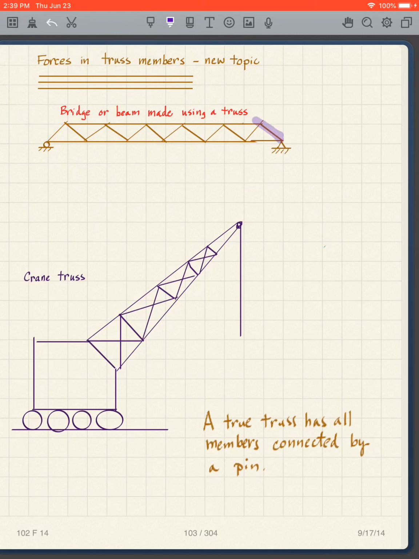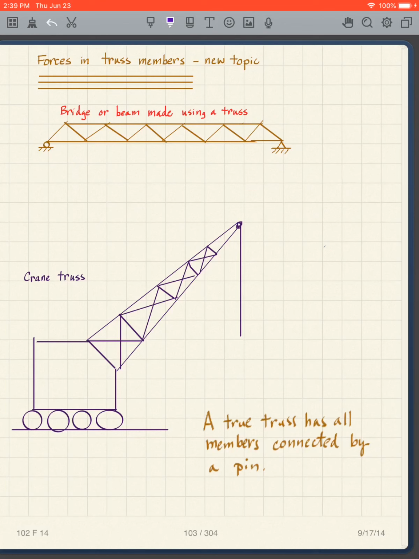As I've stated before, we never put a load in the middle of the member because it bends too easily, it's going to buckle. So trusses only resist tension or compression along their axis. That is fundamental to the way that we draw our free body diagrams.